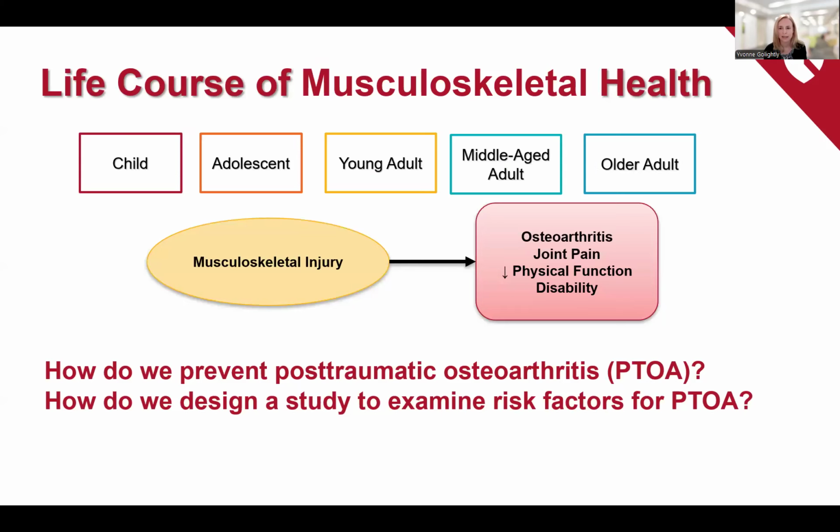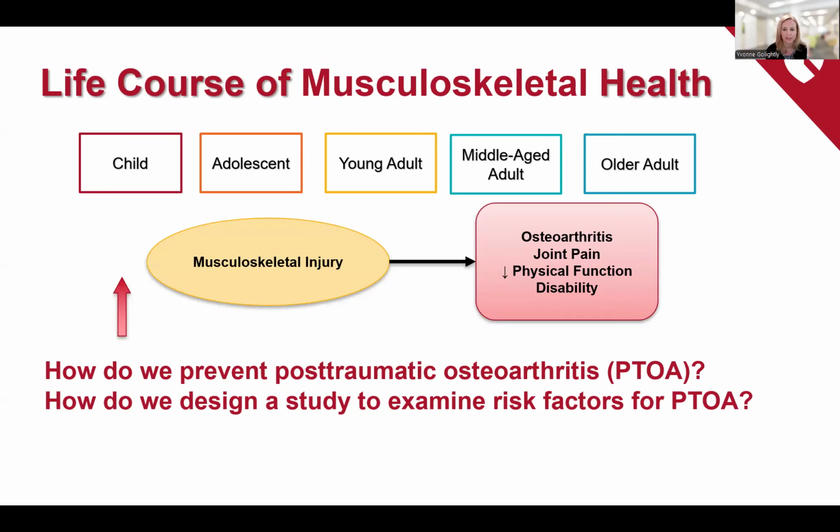So this is a model of how to think about the life course of musculoskeletal health and how injury earlier in life may contribute to later osteoarthritis, joint pain, declines in function, and disability. And when it comes to thinking about preventing this progression from injury to post-traumatic osteoarthritis, there are a few points at which we can intervene.